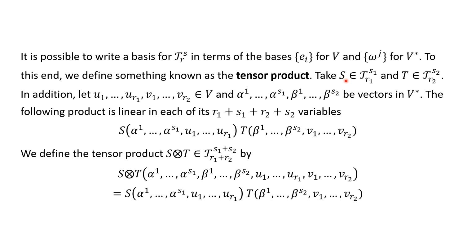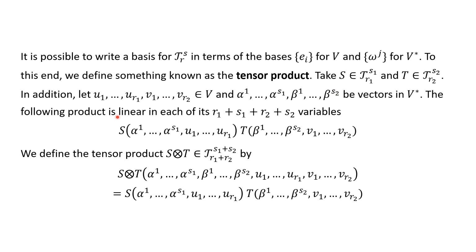So we take two tensors, S and T, from our tensor space, and then we take these sets of vectors. You notice we have R sub 1 of these and then R sub 2 of these with V, and you'll see why I'm dividing it up like that. And then we have a set from the dual, and again we have S sub 1 of the alphas and S sub 2 of the betas.